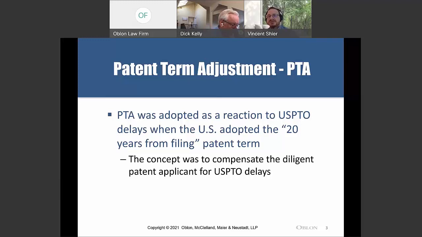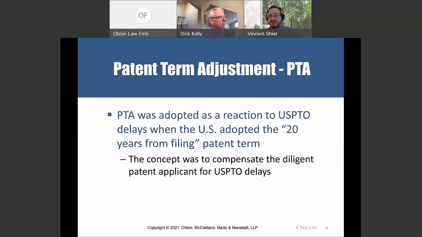And so there was great concern that moving from a 17-year from issuance to a 20-year from effective filing date could lead to a loss of effective patent term to the patent owner. And so patent term adjustment was the scheme that was introduced to compensate for that.